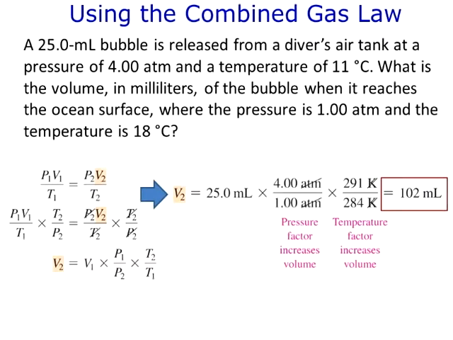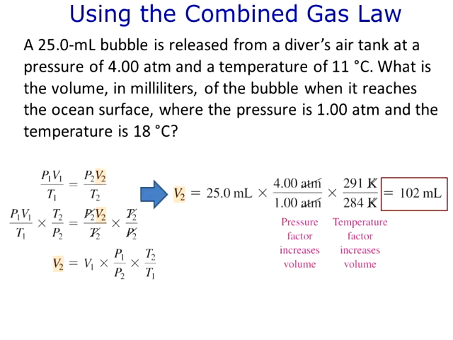A 25.0 mL bubble is released from a diver's air tank at a pressure of 4.00 atm and a temperature of 11 degrees C. Right away, I see 11 plus 273, which is 284 K. I do that initially because I want to convert to K each time I see these temperatures.